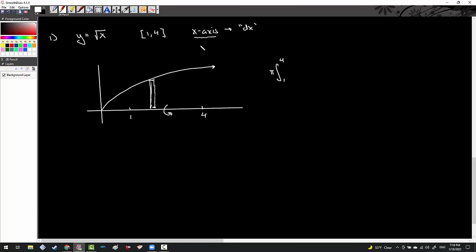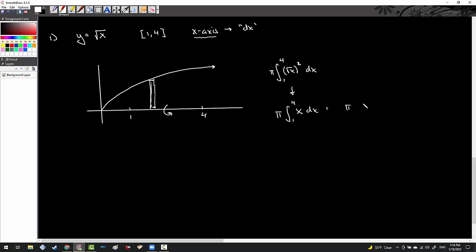Pi's on the outside. My function is what determines the radial length. So I'm going to call this root x squared dx. And now I'm going to go and integrate this thing. I'm going to get pi integral 1 to 4. The square and the square root cancel each other out. I get x dx. And if I wanted to, I could go and do them analytically.